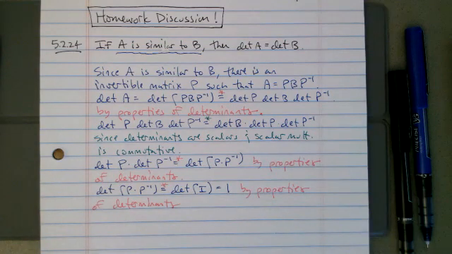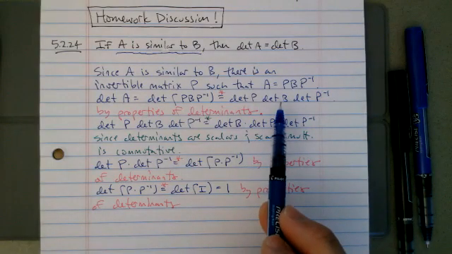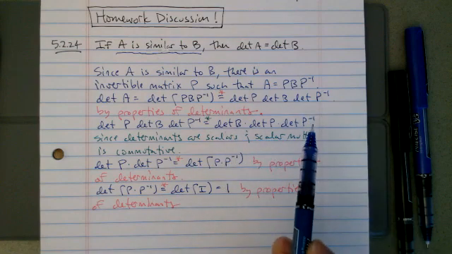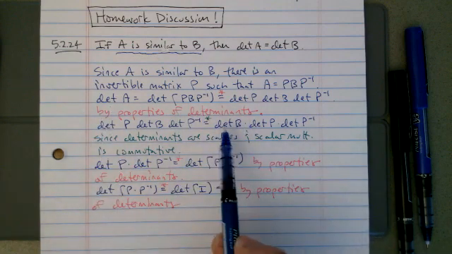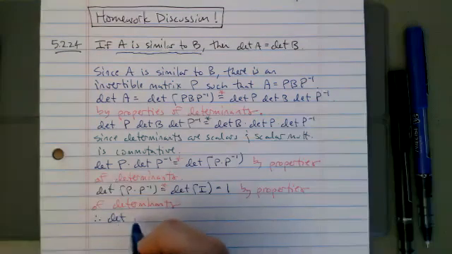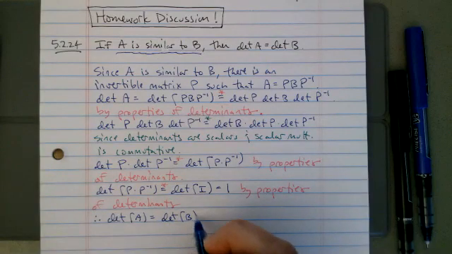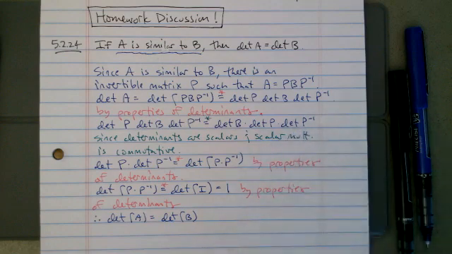So the determinant of A is equal to the determinant of B times, since we can rearrange the determinant of P times the determinant of B times the determinant of P inverse into the determinant of B times the determinant of P times the determinant of P inverse, we can conclude that the determinant of A is equal to the determinant of B, because the P times P inverse part is all equal to 1.